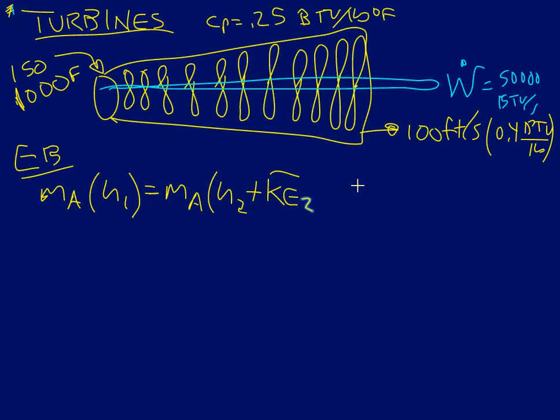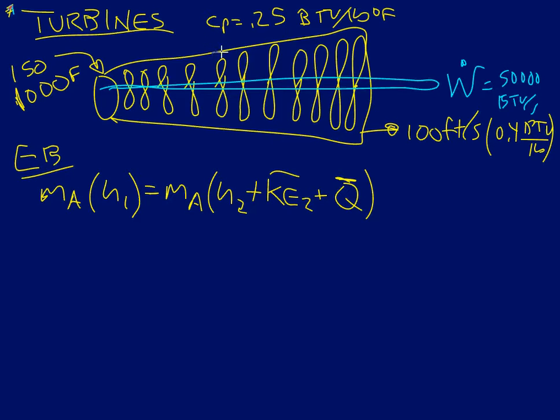And now I'm going to assume that in addition to that, maybe we have a little bit of heat leaking. Suppose that for every pound that goes through this turbine, we lose heat in the amount of 10 BTUs per pound. That would be the equivalent of dropping about 40 degrees and not getting any benefit for that.